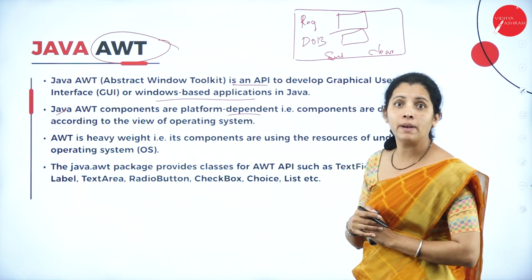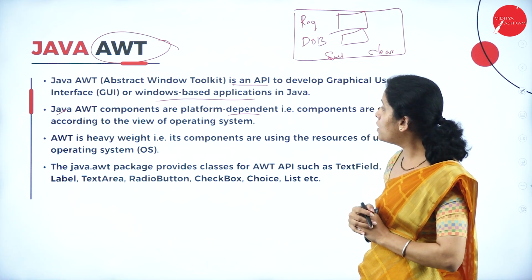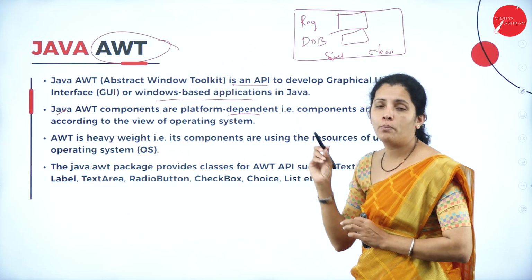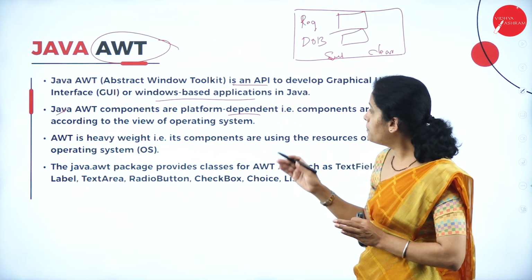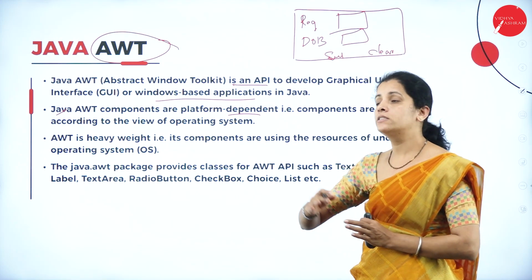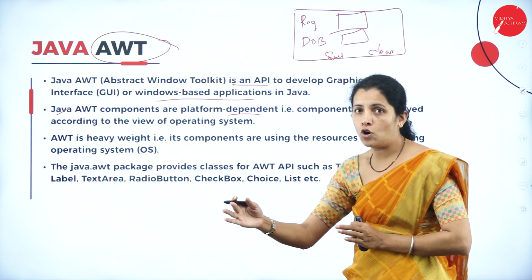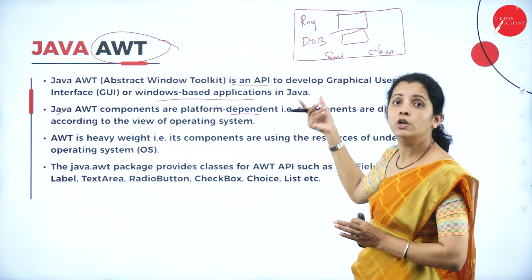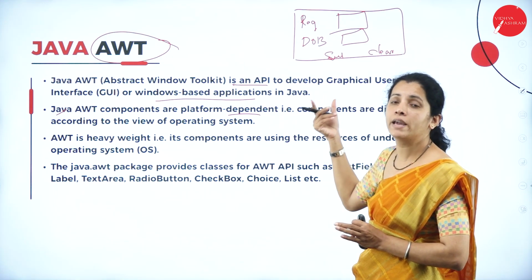Why is it platform dependent? Because the view mainly depends on the operating system. If you are using Windows XP and someone is using the Linux operating system, the view of the graphical user interface may vary.